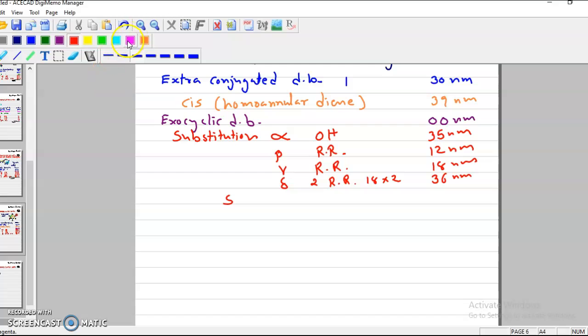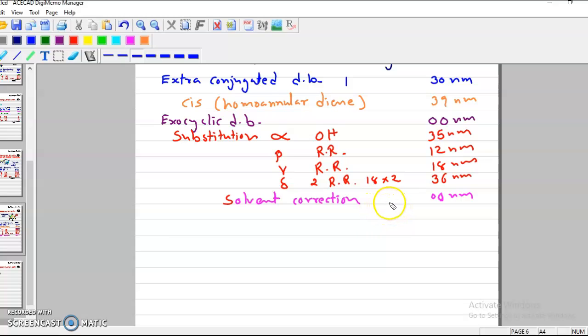As solvent is not mentioned, we will put solvent correction 0. If solvent is mentioned, for certain solvents we will have to add some value. But if solvent is not given, then you don't have to add anything. You can put 0 for this one, but you have to mention it. All values will be given for solvent corrections also.